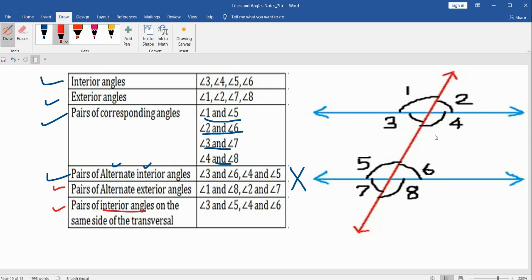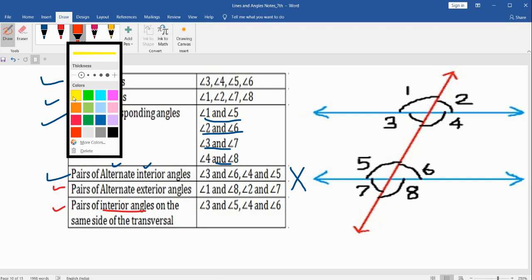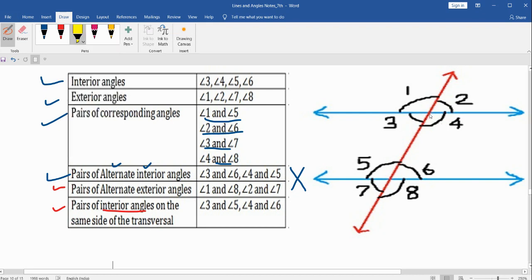And not only that, these are pairs of interior angles on the same side of the transversal. Let me highlight the transversal for you.